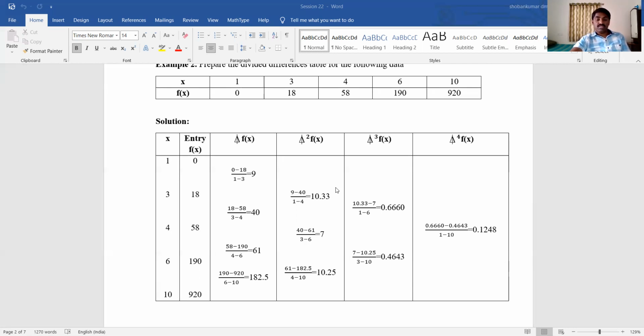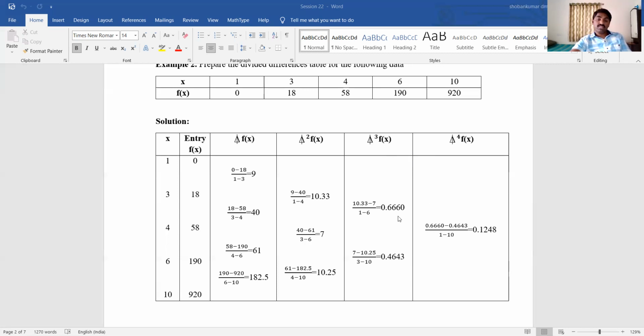Second divided difference: 9 minus 40 divided by 1 minus 4 is 10.33. And here 40 minus 61 divided by 3 minus 6 is 7. And 61 minus 182.5 divided by 4 minus 10 is equal to 10.25.